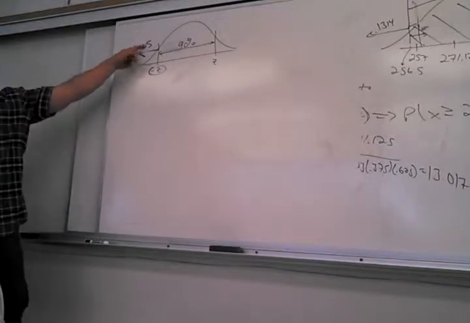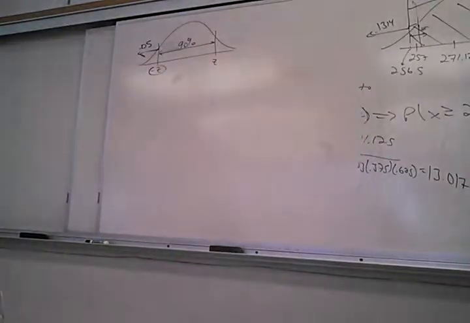That's an area. So what's the closest you can get to 0.05? Here it is. Right in between 0.0505 and 0.0495, that's 0.05. Are you with me?